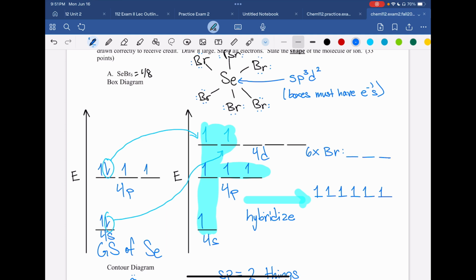okay? This is the electron configuration, valence of bromine. Bromine is in the 4p. No, 3p. My bad. Okay. This one electron that doesn't have a pair is going to pair up.